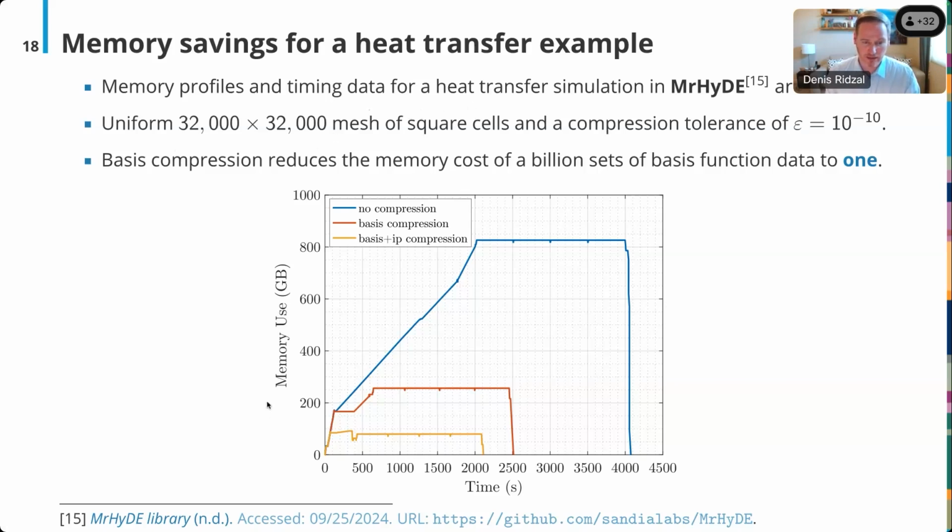And we can see that if we don't use any compression, our memory use is over 800 gigabytes here. If we use our tricks, we get to about 250 gigabytes. If we use some additional tricks where we also play with compressing the integration points, we can get down to below 100 gigabytes of RAM for 1 billion elements. And so this is an illustration of what you can get.